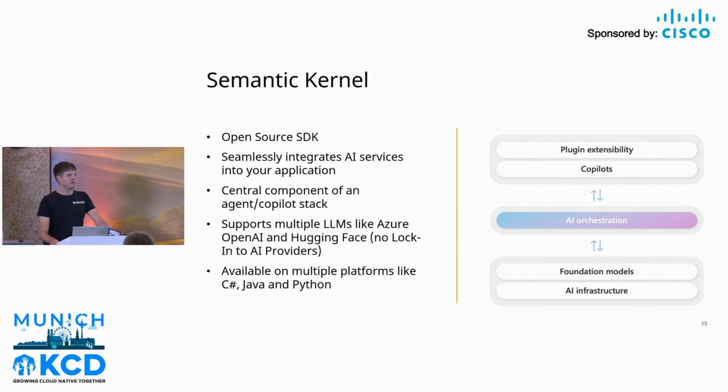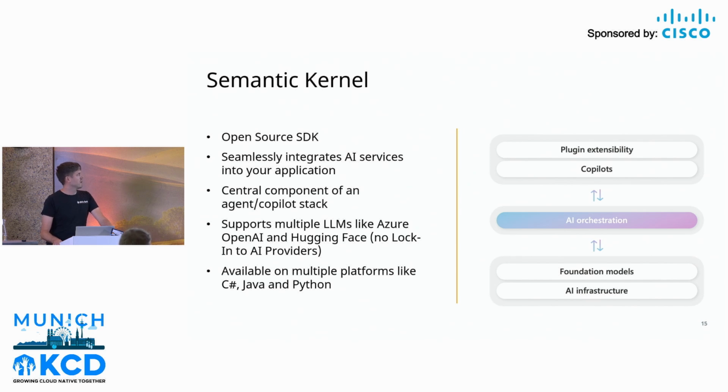And the new models that will come out in the future are probably way better than the ones that exist right now. And most of the time, they're also cheaper and faster. So it's a key requirement that we are able to switch the models without changing too much code. And semantic kernel is basically a library that allows us to do that.